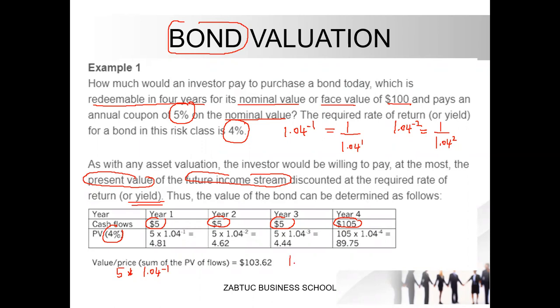Can I have the answer, please? 1.04 to the power minus 1. What do you get? 0 point 962.